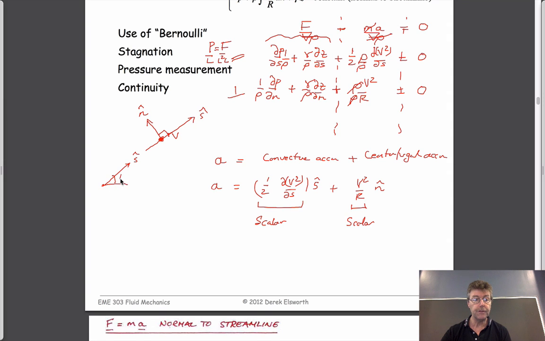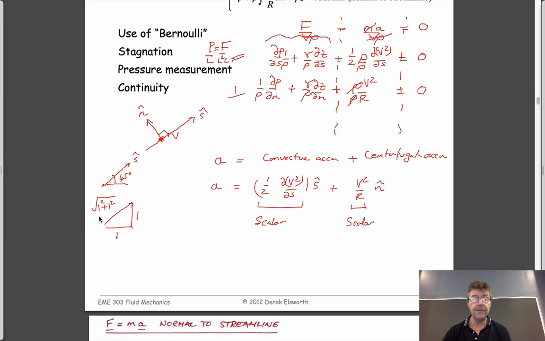If this is, say, 45 degrees, then this unit vector is going to be equal to what? The easiest way to think about it is that this would be 1 by 1. Then this would be 1 squared plus 1 squared, square root, which is equal to root 2.